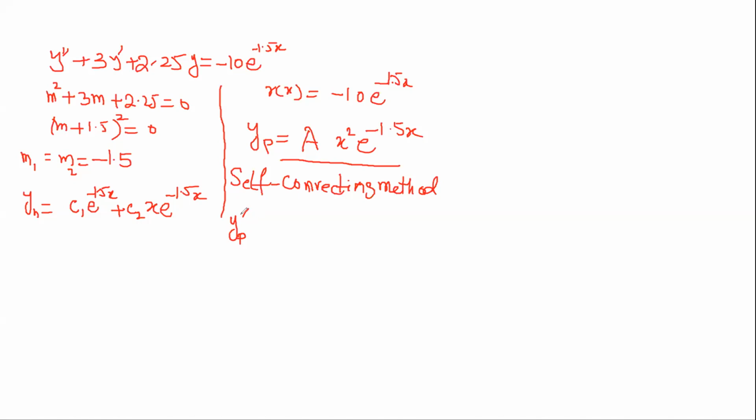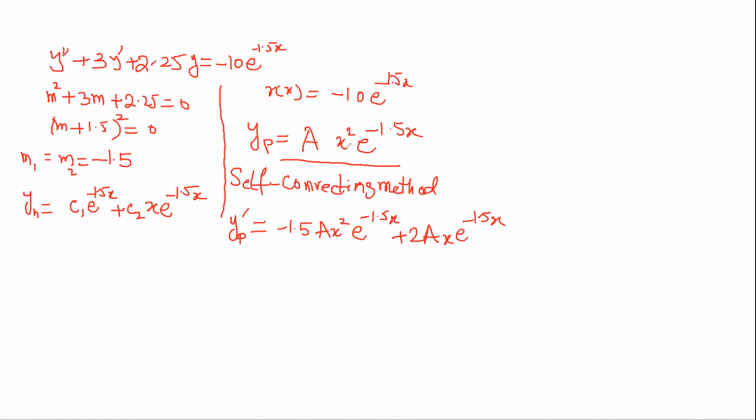You can make these calculations by yourself, but I have the answer available with me over here. So yp prime will be minus 1.5 a x square e power minus 1.5x plus 2a x e power minus 1.5x.